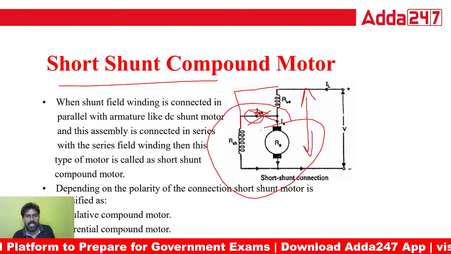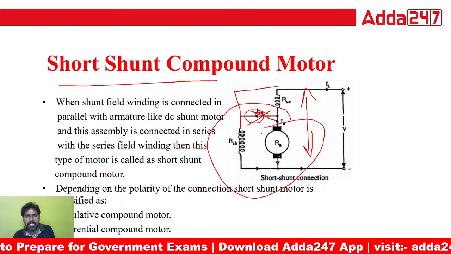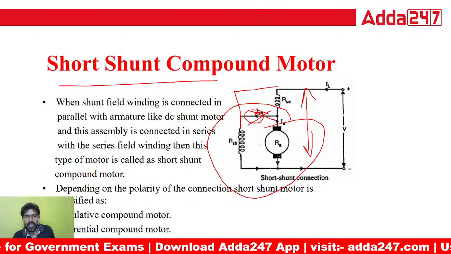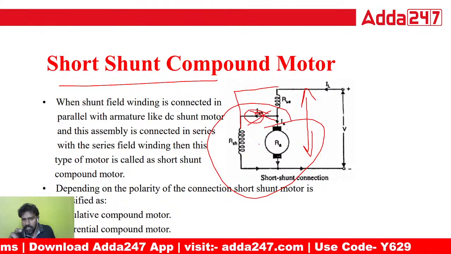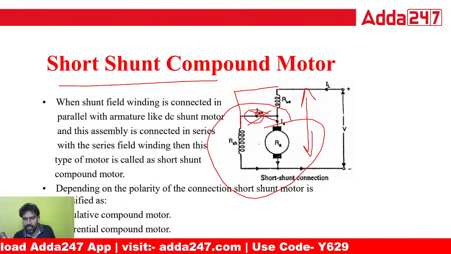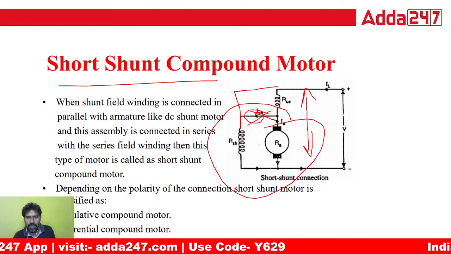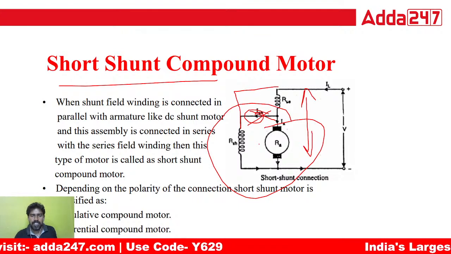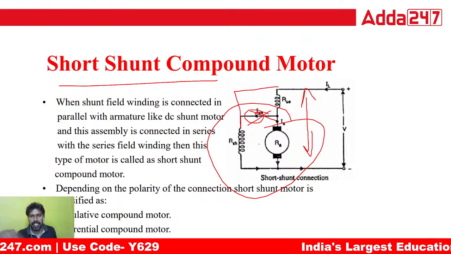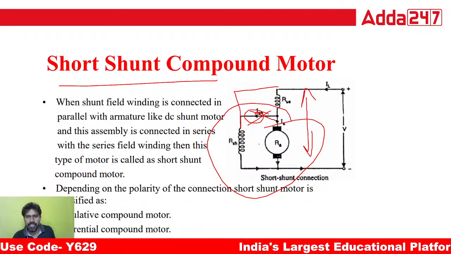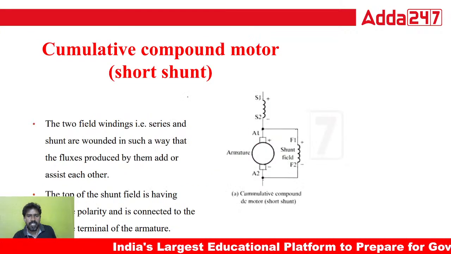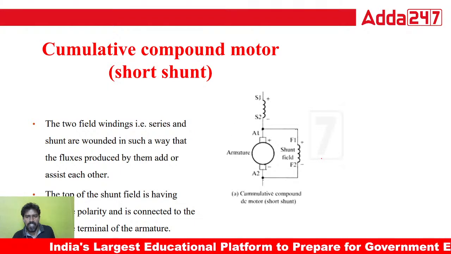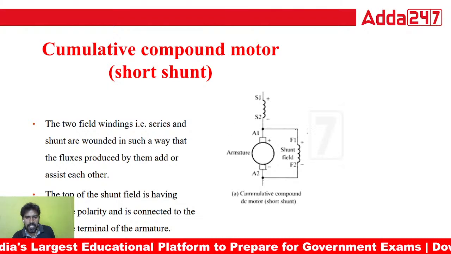So we call it a long shunt compound motor. Short shunt means the shunt field winding is only across the armature.